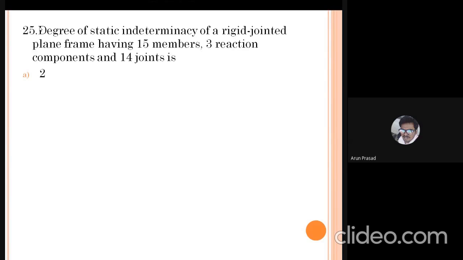The options are 2, 3, 6 and 8. If you use the formula and find the degree of static indeterminacy, the answer will be 8, because we have 15 members, 3 reaction components for the support ends, and 14 joints. Next question.